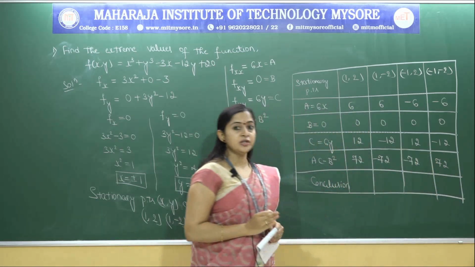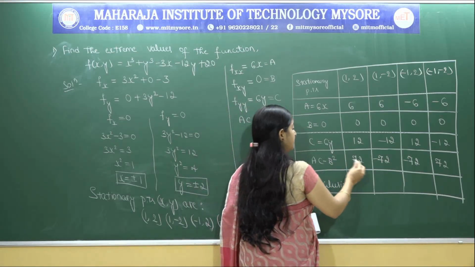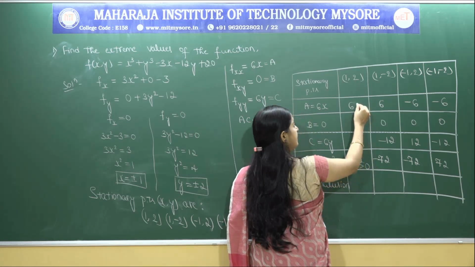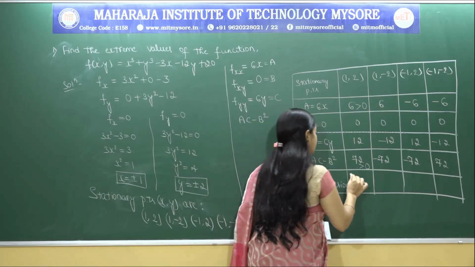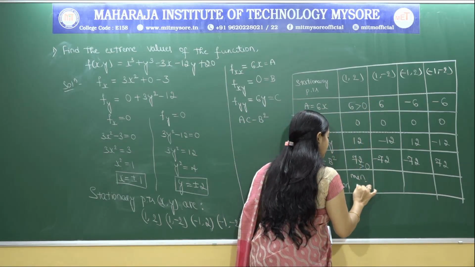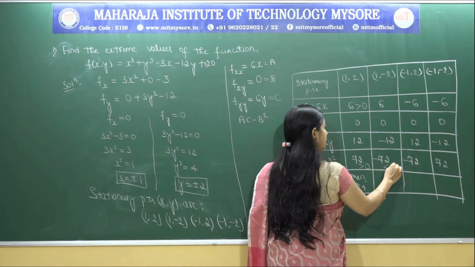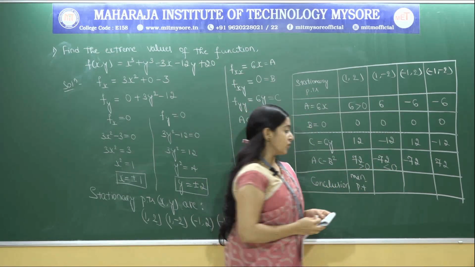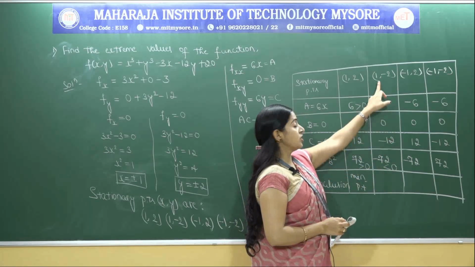So you know the condition to find the maxima and minima for the given function. So AC minus B square is greater than 0 and A is also greater than 0, then the function is said to be a minimum point. This is the minimum. If AC minus B square is less than 0, then the given function has no extreme value at this stationary point.